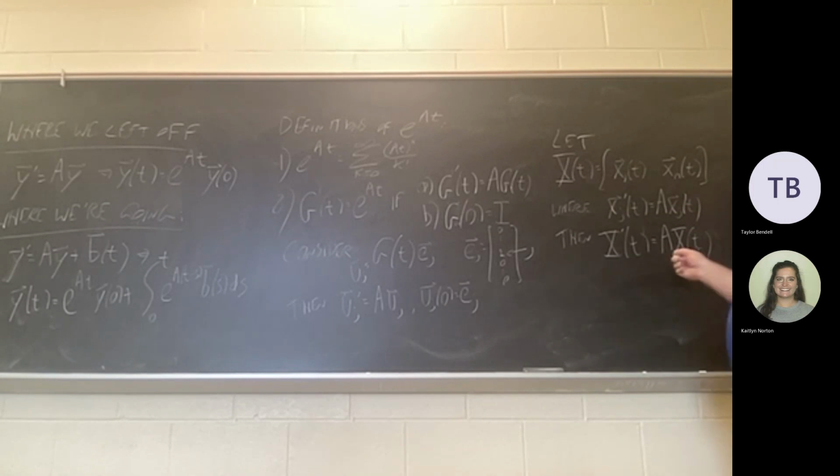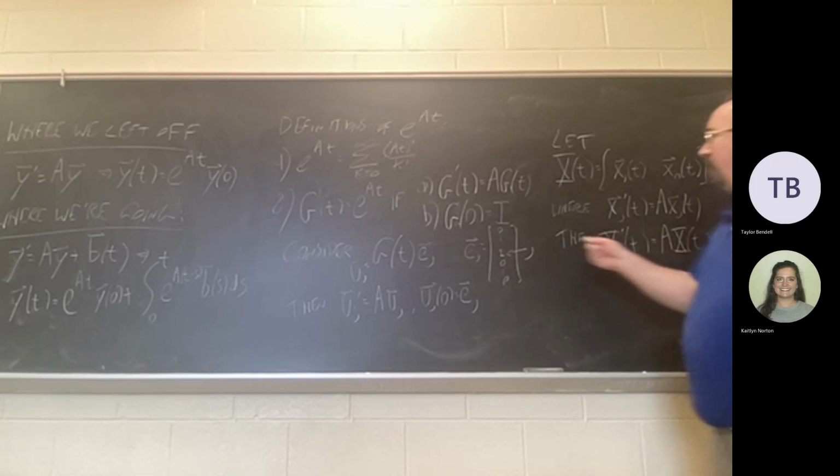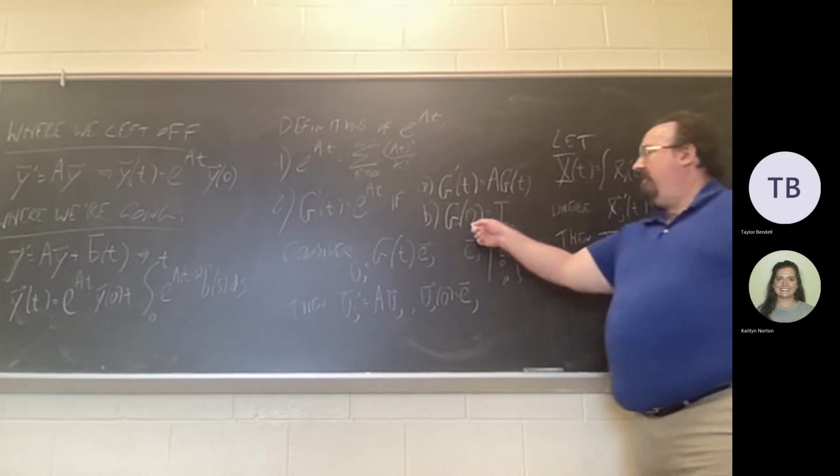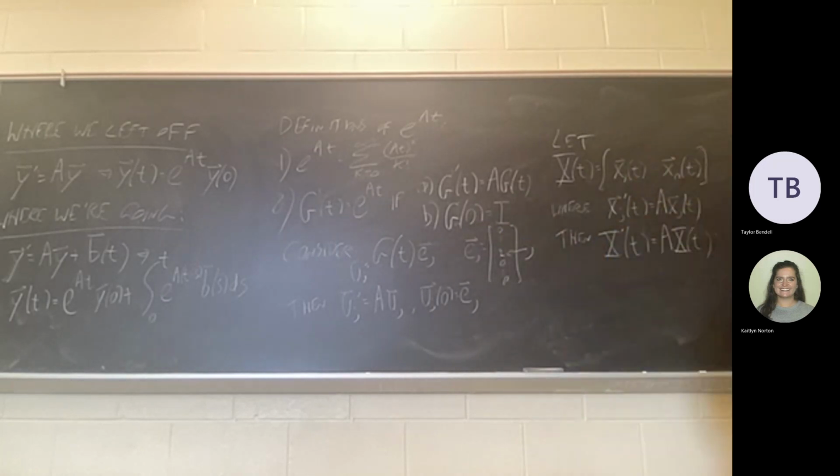So in other words, this matrix of solutions satisfies the first condition for being a matrix exponential. But I don't know about this one. If I plug in t equals 0 in here, who knows what I'll get?